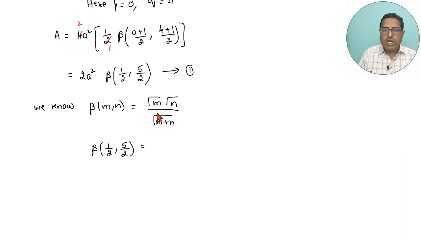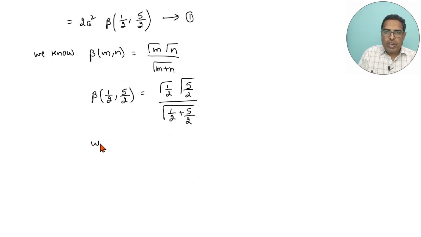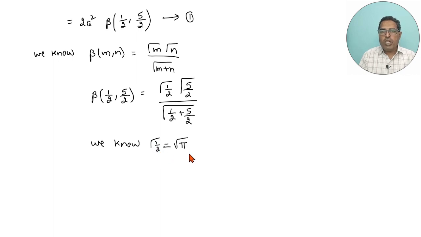That is nothing but gamma of half into gamma of 5 by 2 divided by gamma of 1 by 2 plus 5 by 2. We know gamma of half will be root of pi. We need to calculate the value of gamma of 5 by 2.